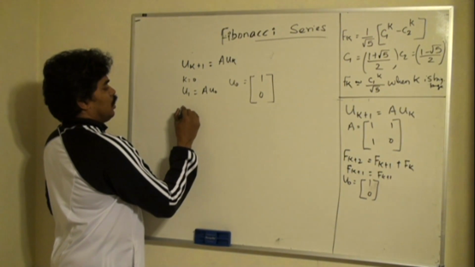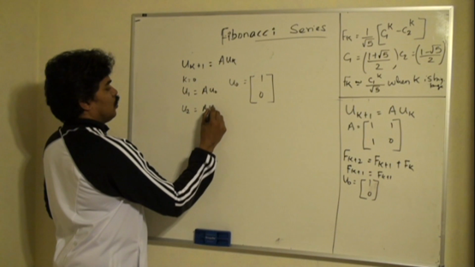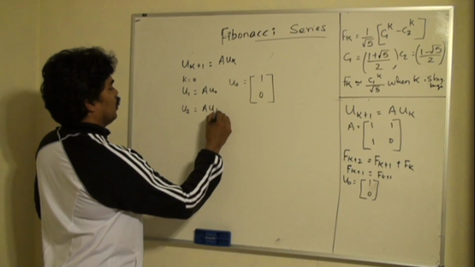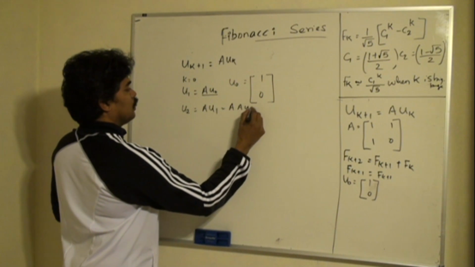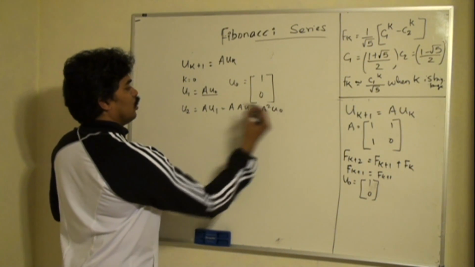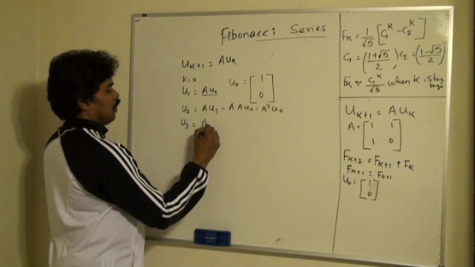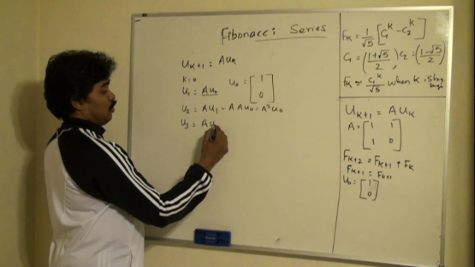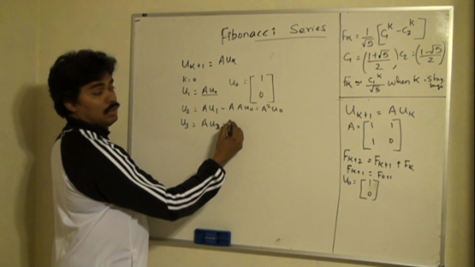Now u2 is A u1. We know what u1 is, which is A u0, so u2 is equal to A squared u0. Then u3 is equal to A u2.